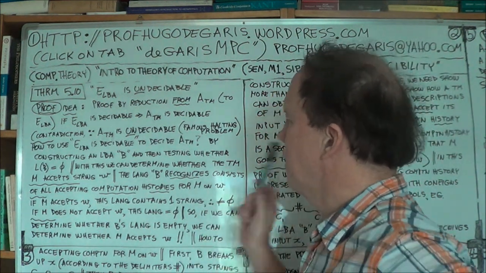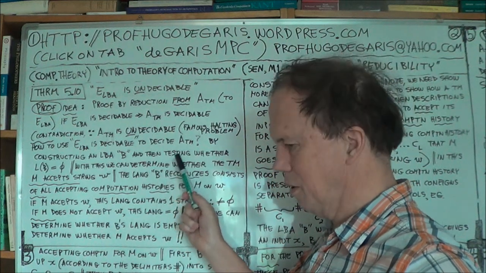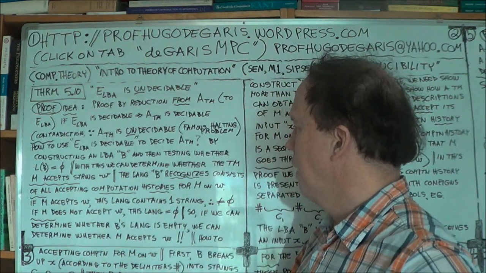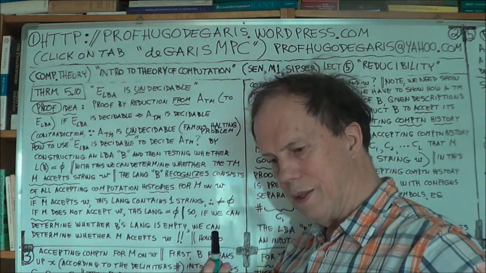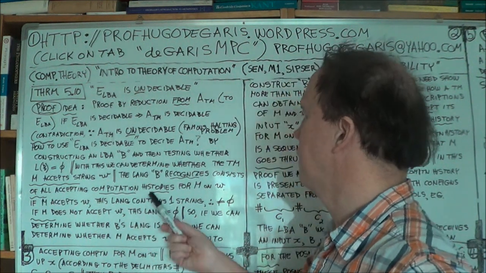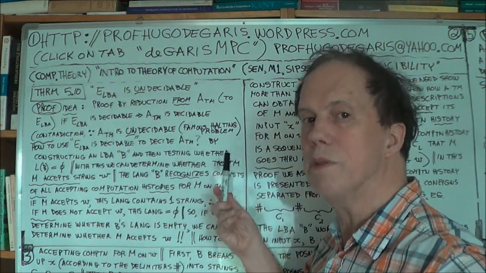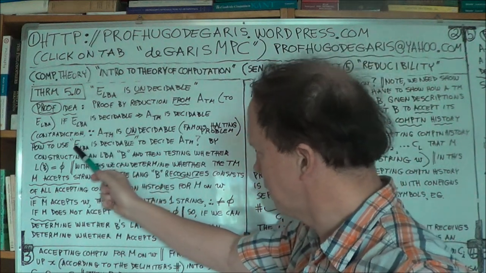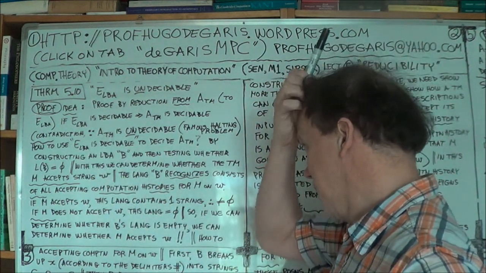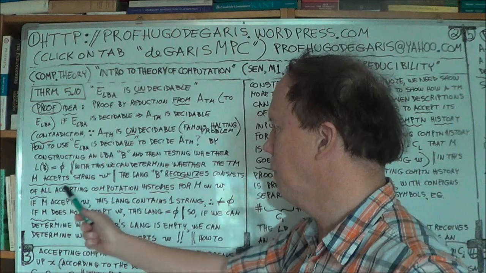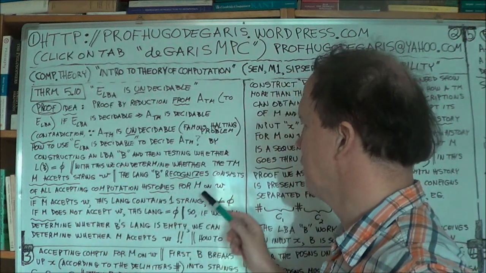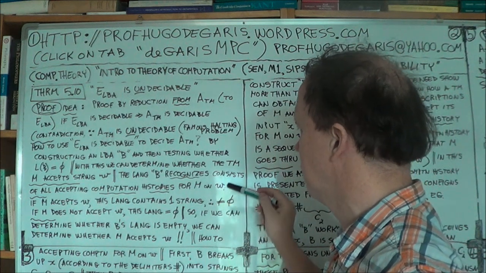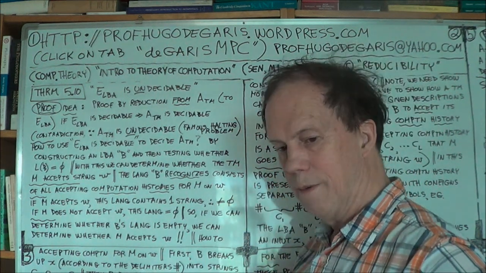So this machine B that we're going to construct, that decides this language here, the strings that it accepts are, and we build it this way, all the accepting computation histories of this LBA on when string W is input.